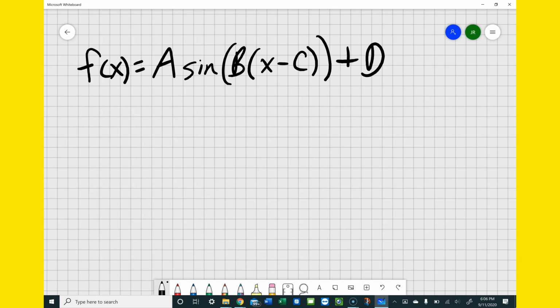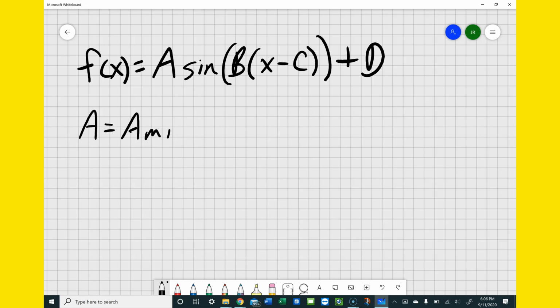Okay, so now we have the parent function sine wave, but now we have these constants A, B, C, and D that transform this wave. Let's talk about what they do to the graph and what they might represent in a real life mathematical model.